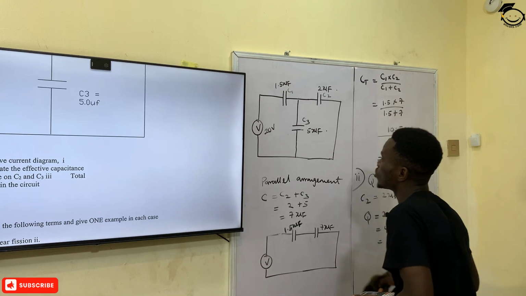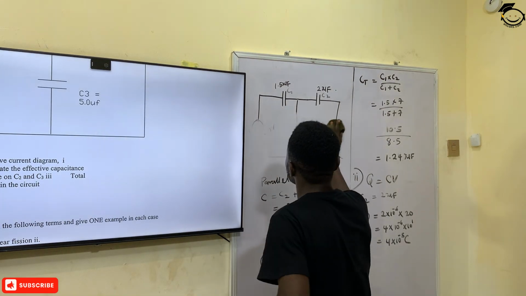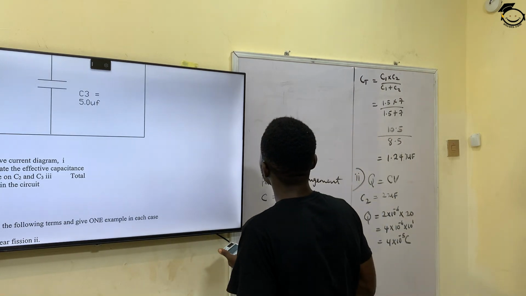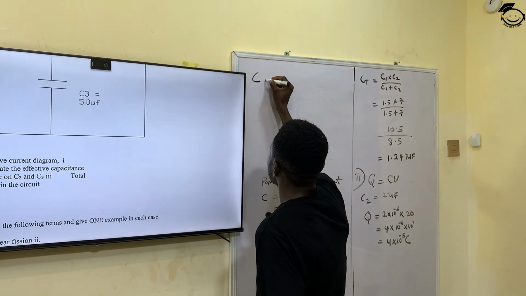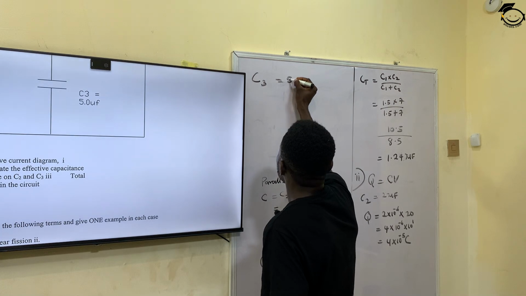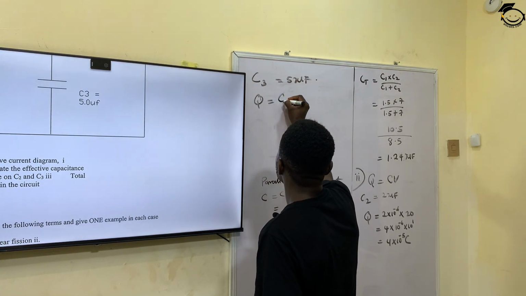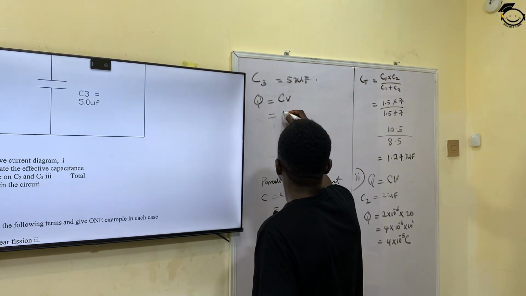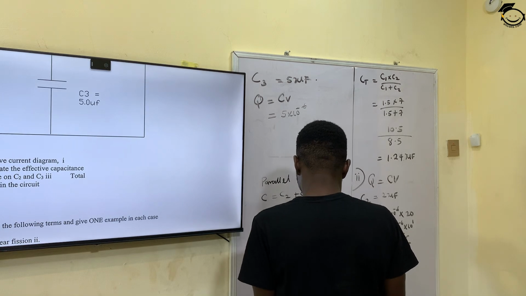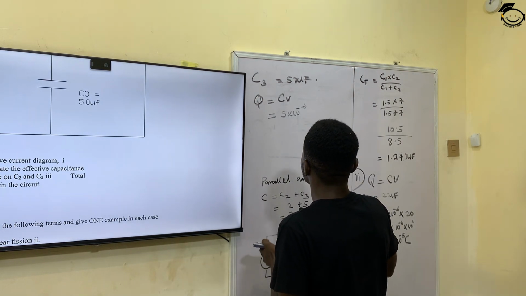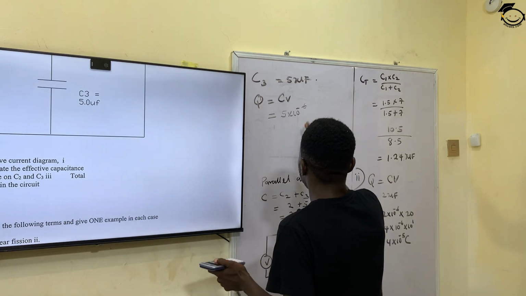I'll also find the charge on C3 as in the question. Since my C3 is 5 microfarad, the charge on C3 is CV.